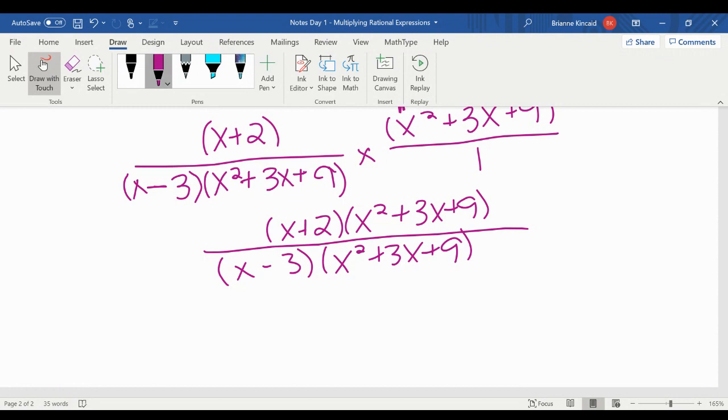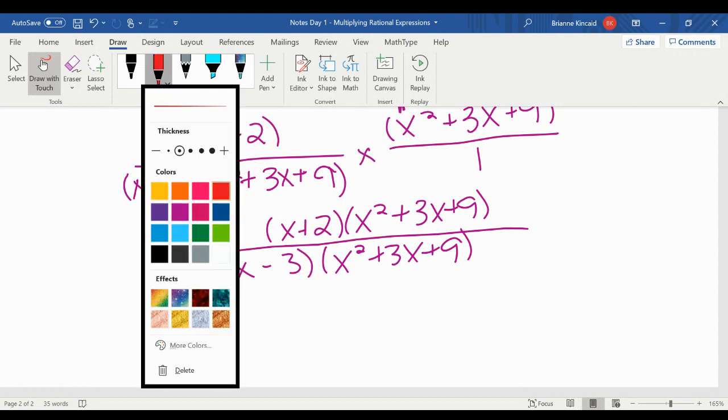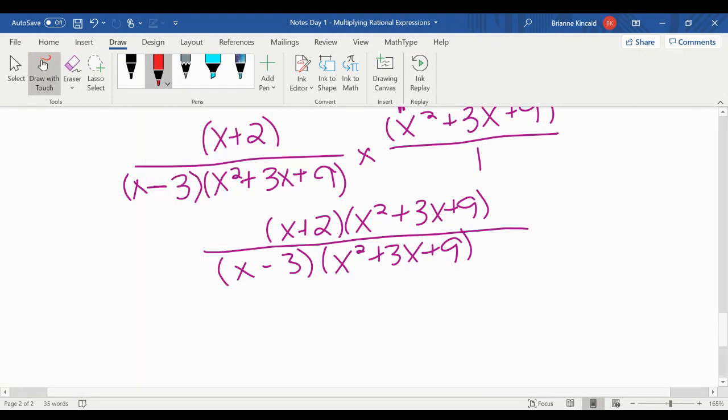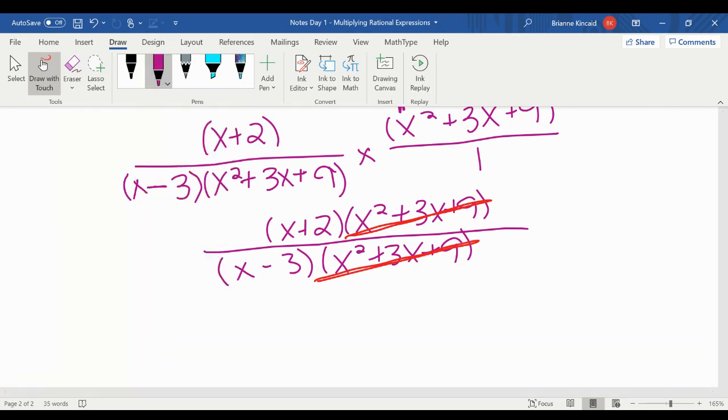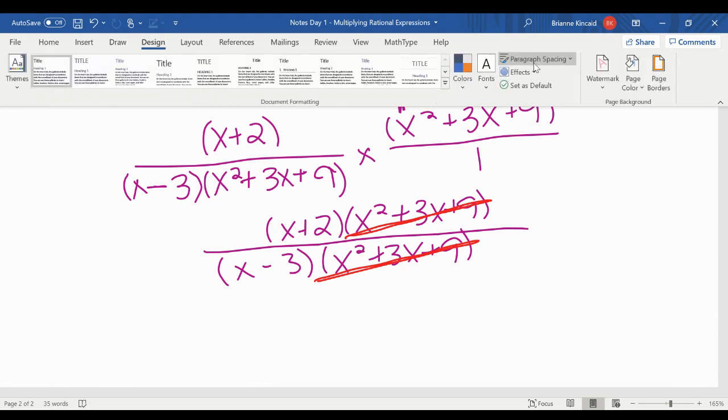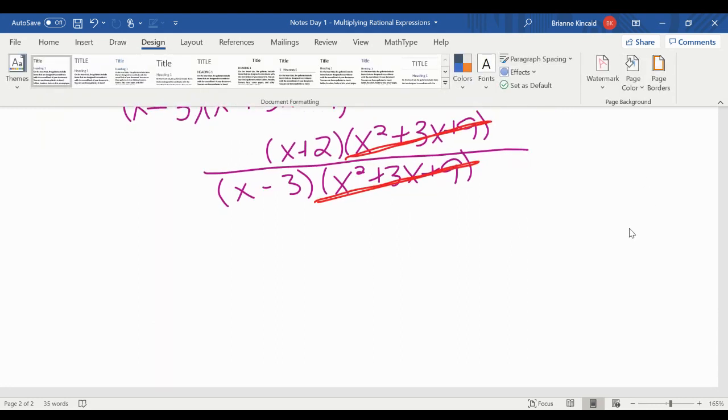What you're going to notice here is in this case, our trinomial cancels out for both of these. So what we're left with is x plus 2 over x minus 3.